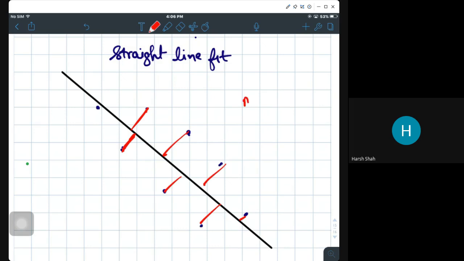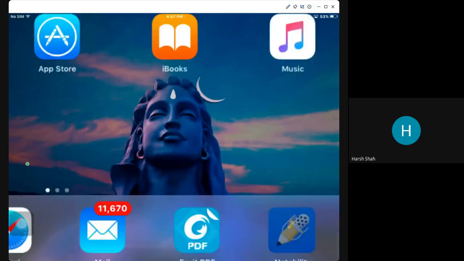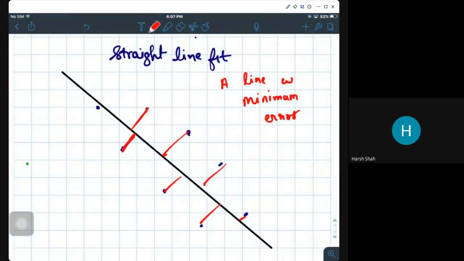That means minimum error, or a line which produces minimum error. A line which produces minimum error is known as the straight line fit.